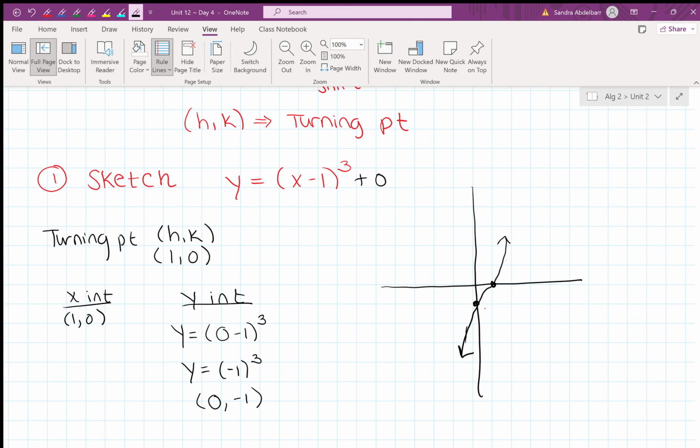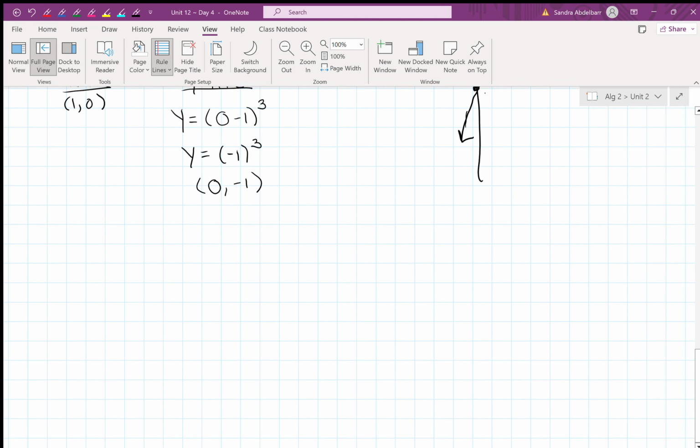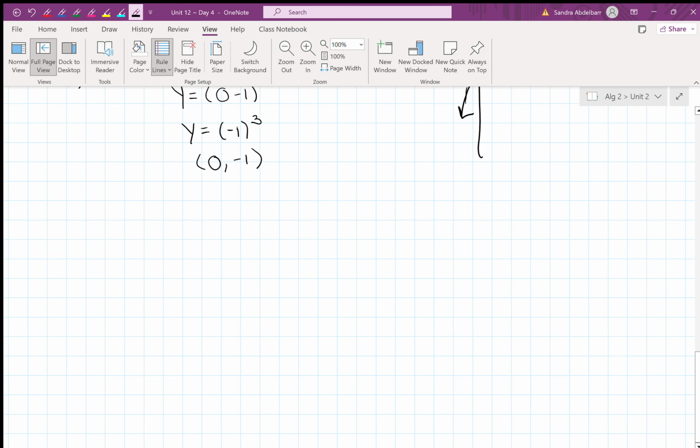All right, you guys try one of these on your own. No, we're not done. Then I got to show you a couple more things. So you guys try this one. So you all are sketching this one.